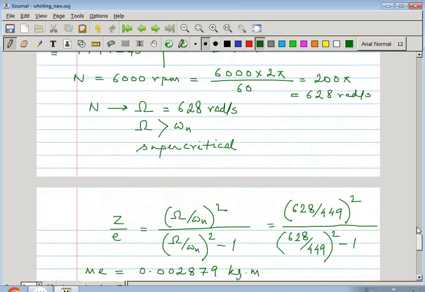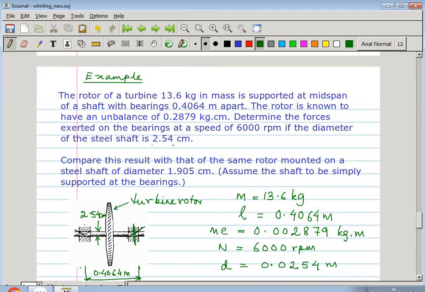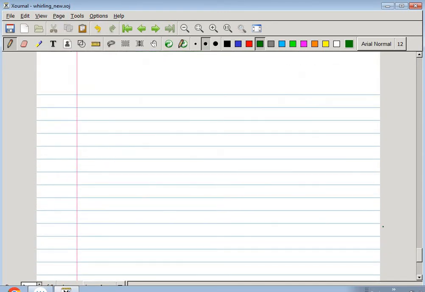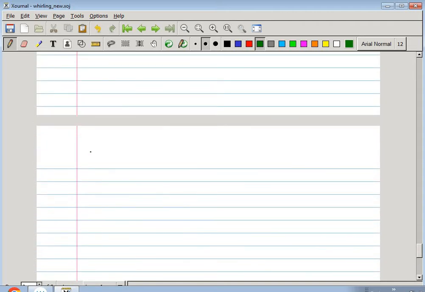Now the next question is, you reduce the diameter. You reduce the diameter from here to here, and now you find out what are the bearing forces. So you reduce the diameter, so now D equal to 1.905 centimeter, that is 0.01905 meter.